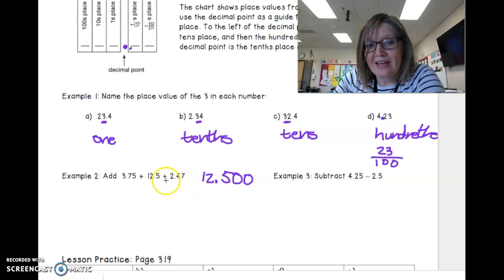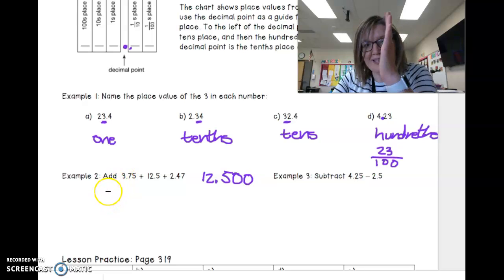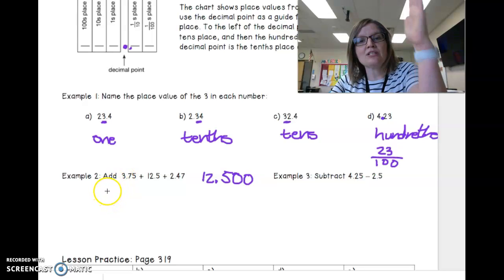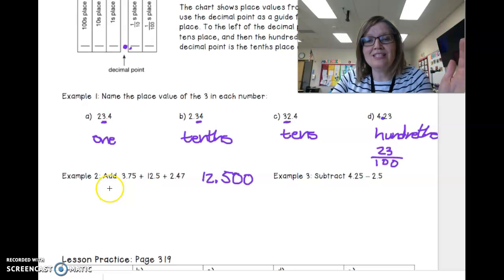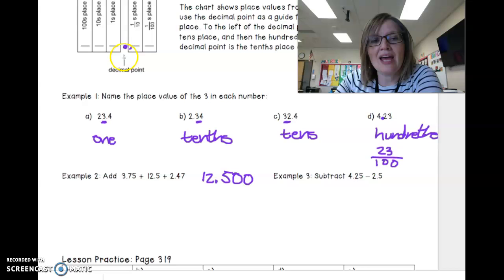So knowing that, when we're adding our decimals, we line up the decimal, just like we line up our tens and our hundreds on this section. We line up those and the decimal.